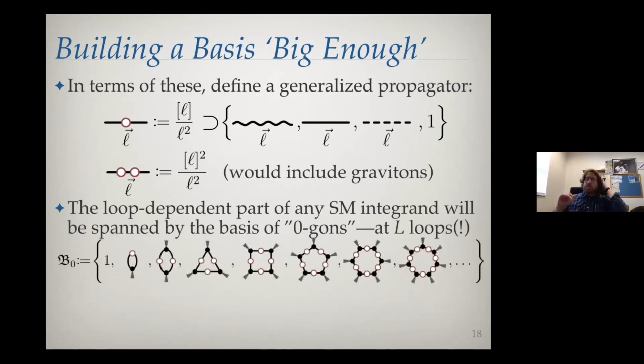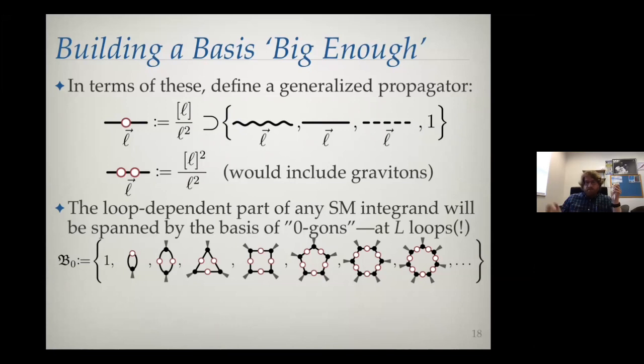And so we can talk about the zero-gon power counting. Zero-gon because as L goes to infinity, everything in this list scales like a constant, right? Every element of the inverse vector space cancels the denominator as L goes to infinity. And this list of graphs literally is going to include the loop-dependent part of any Feynman diagram in the standard model. So obviously the standard model lives inside this space.